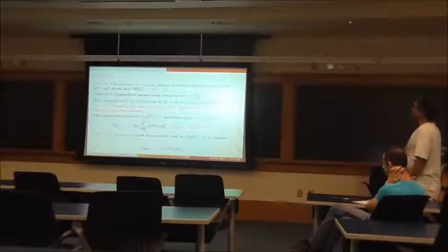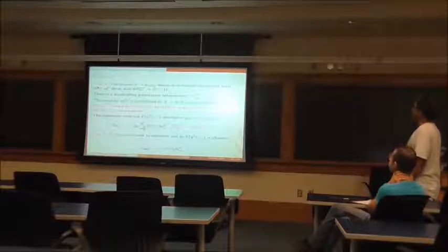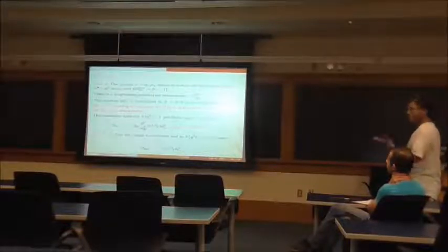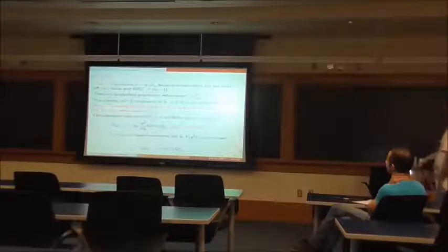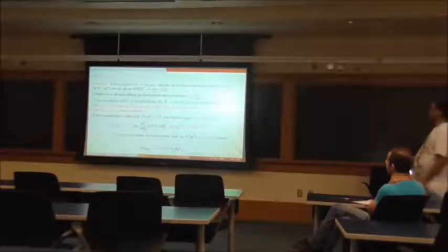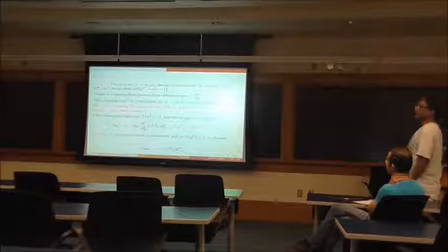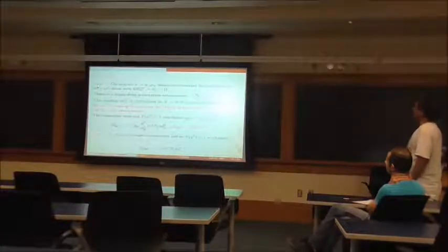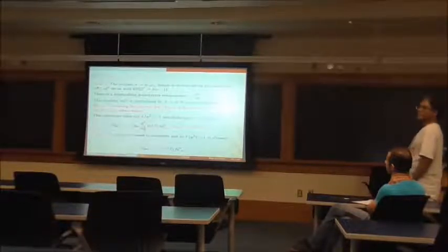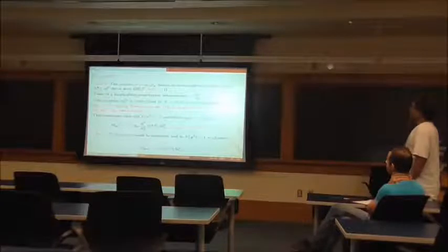Because it's a Z prime, there is a longitudinal polarization which is enhanced by E_Z' over M_Z'. E_Z' is the energy of the Z prime, and if you have a Z prime which is 100 MeV or 10 MeV, there is a huge enhancement. Now, there are measured constraints coming from B to K mu, and it forces the B-S-Z prime coupling to be very small, of the order of 10 to the power minus 9.